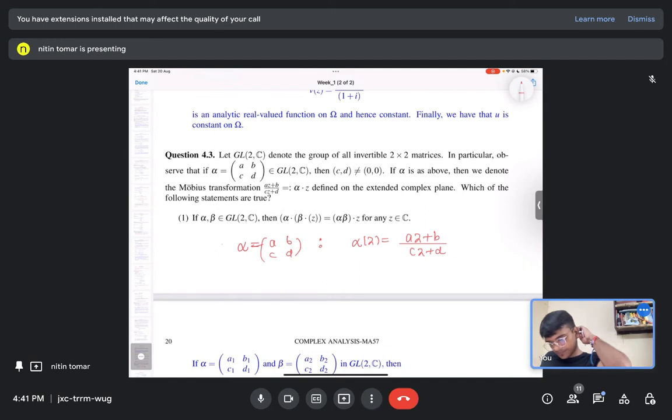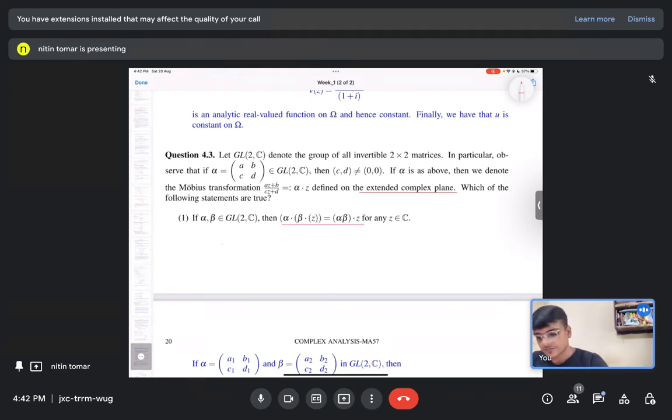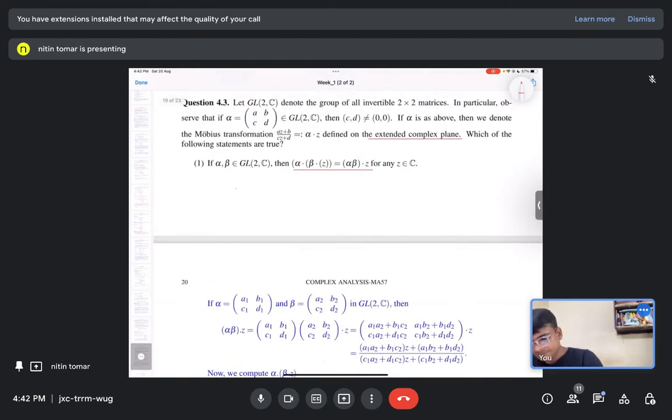Now, because C and D both cannot be 0, this map is defined, and you must have seen this Mobius transformation on the extended complex plane. Now the question is whether this holds. So alpha beta is again one matrix.